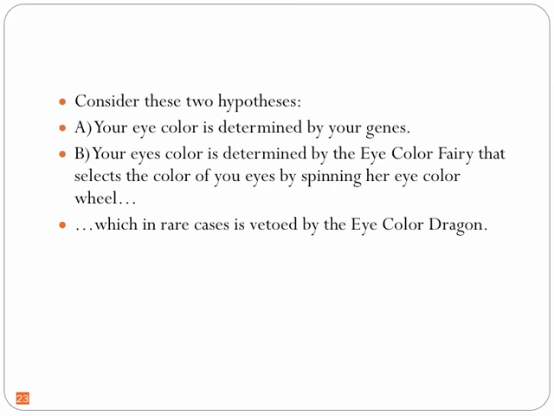We have our physical realm, but then we have to posit a mystical realm where there are eye color fairies and dragons, and there's magic, and this whole process of selection and veto system, etc. And it's just much simpler to go with what's established. So a lot of the time, that's why I included this after conflicts with established theory, because if you do that, then you're immediately not being mindful of Occam's razor.